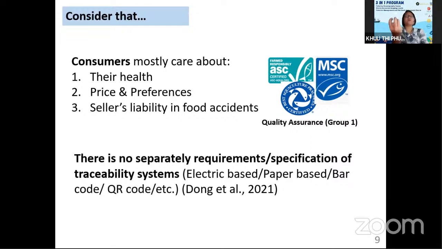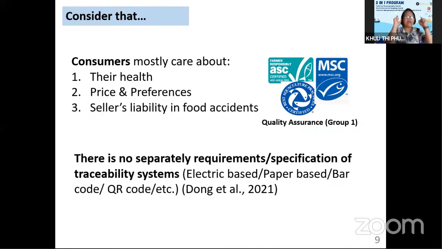Because this is the mandatory requirement to apply those quality assurance schemes, consumers will trust that those products have applied those certifications, so it is safe when I consume or eat them.